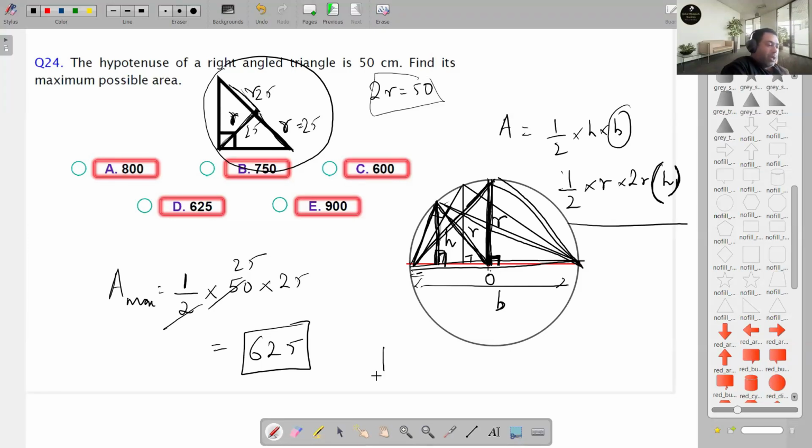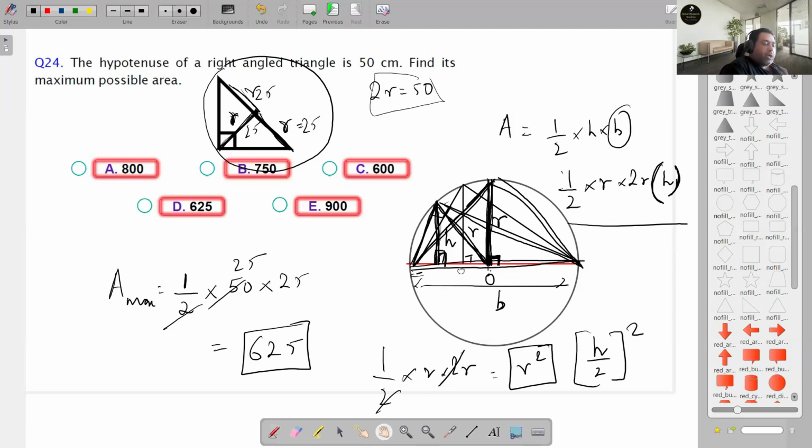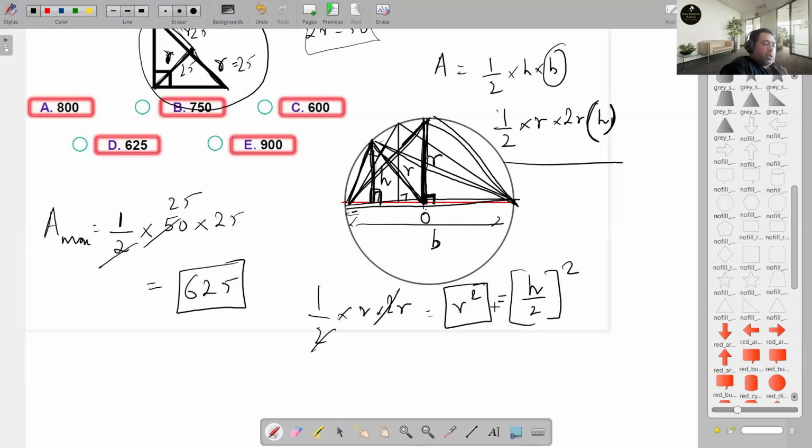Note that with a given hypotenuse of a right angle triangle, the maximum, if you notice this, what is the formula here? Half into r into 2r. Okay, so the 2 cancels and it is r square. Correct. So the maximum, okay, and r is equal to h by 2. So if you calculate this, you'll get h square by 4.